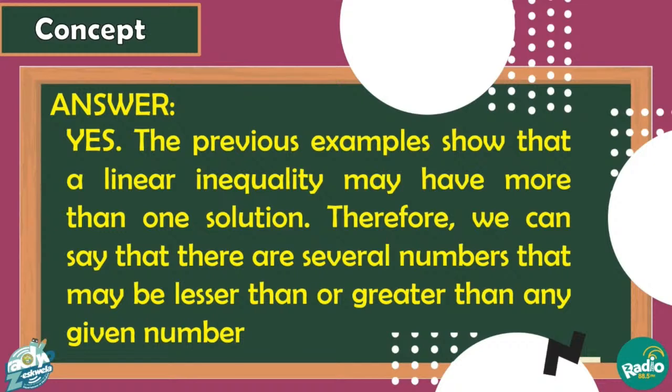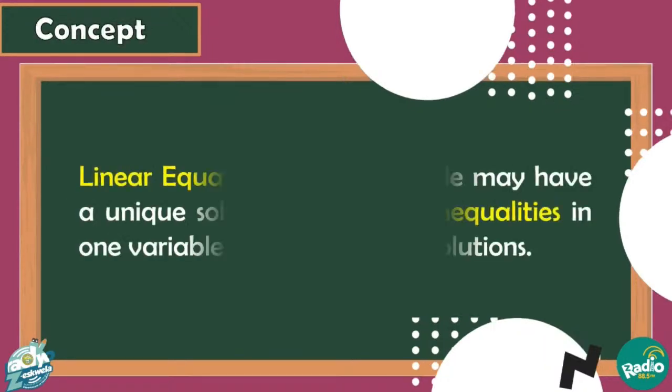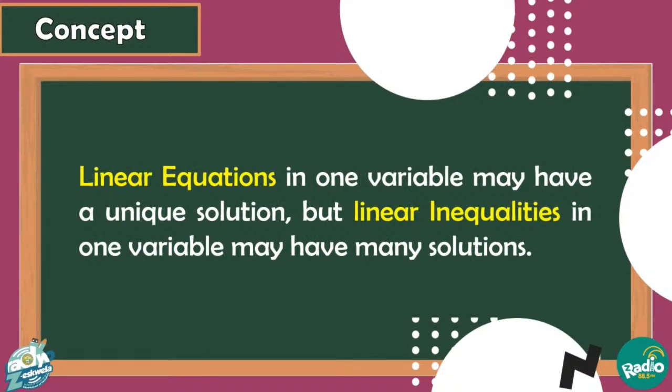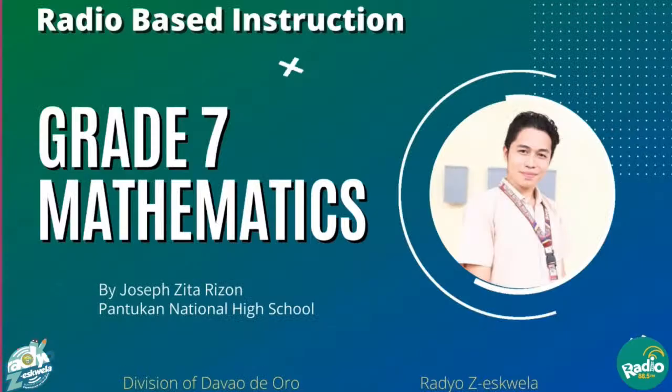Therefore, we can say that there are several numbers that may be lesser than or greater than any given number. And we can say linear equations in one variable may have a unique solution, but linear inequalities in one variable may have many solutions. Take note, linear equations, one solution, linear inequalities, many solutions.